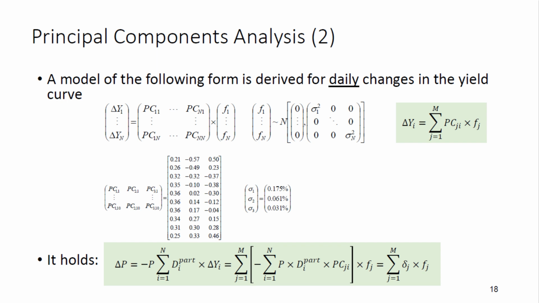So I've gone to another risk sensitivity and another risk driver. The risk driver in the earlier case was the change in the yield, and the risk sensitivity was the partial duration. Now the risk sensitivity is this delta, which is a convolution of the partial duration and the principal component. And the risk factors are the factors from the principal component model, so the level, slope, and curvature factors, for example, if m would be 3.